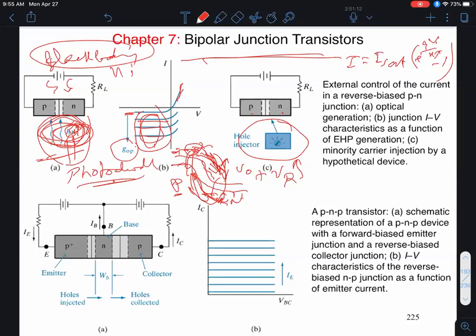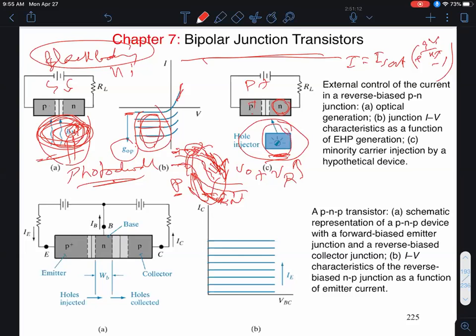In this case, let's assume it's a P plus N junction. So I only focus on the N side, right? Because remember, if it was P plus N, the current would be controlled by the doping level on the N side, okay? So I'm looking at a hypothetical hole injector, which is this laser in this case, but let's assume it's some hypothetical hole injector.